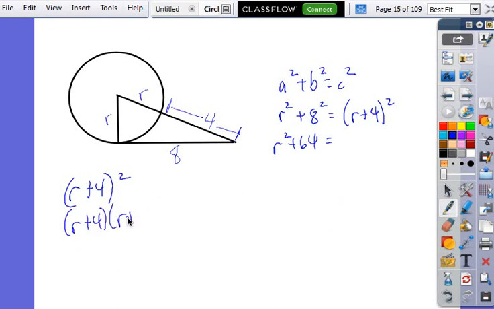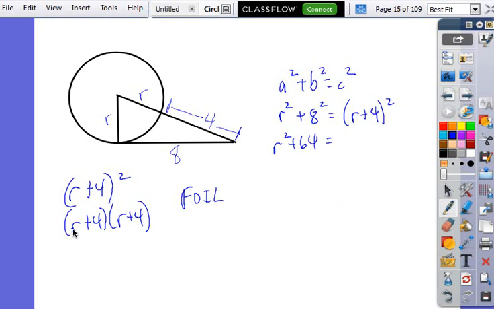Do we remember what that is called when we do that right there? Foil. Do we remember what that means? First, outside, inside, last. So what you do is you multiply the first two things together.